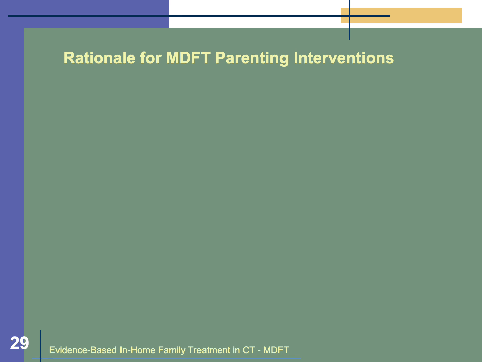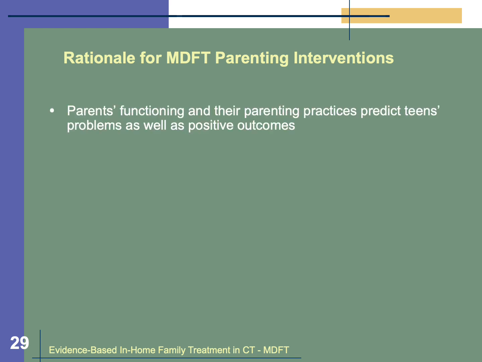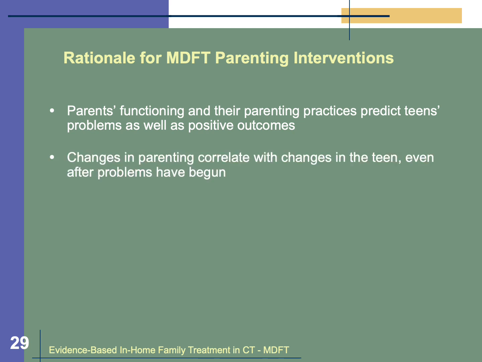And so when we look at parenting interventions, essentially if parents are functioning, they're going to engage in practices that are going to help kids move away from drug use and delinquency and towards more positive outcomes.